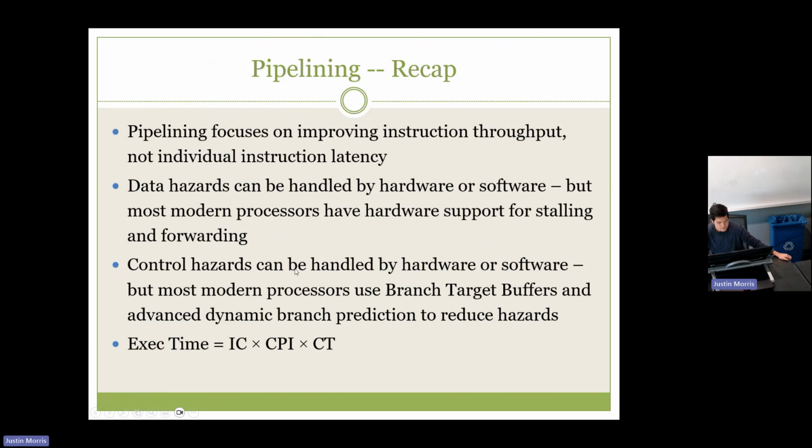So control hazards can also be handled by hardware or software. But most modern processors are going to, again, do this in hardware. Because like we talked about with the branch delay slots, it's very hard to find those independent instructions. Maybe find 1 or 2, but finding 5 to 10 of them is basically impossible. And our performance equation is exactly the same, right?